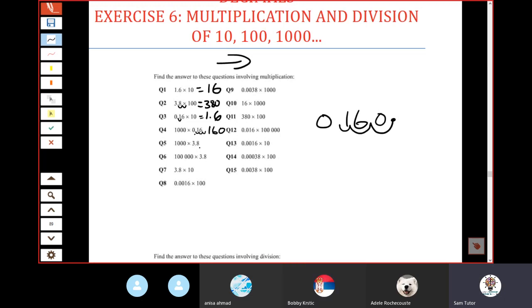Isaiah, 3.8 times 1,000. You have to move it 3 places to the right. Isaiah, you there yet? He's muted. 0.0038. You went to the left.